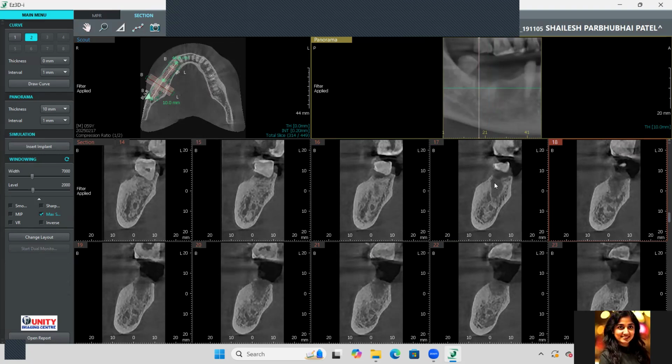So we can call it a grade 4 variety of bone. Even if the doctor is placing the implant, he has to be careful not to put too much torque, and maybe do it in two stages, keeping it closed so that bone is formed more around the socket.